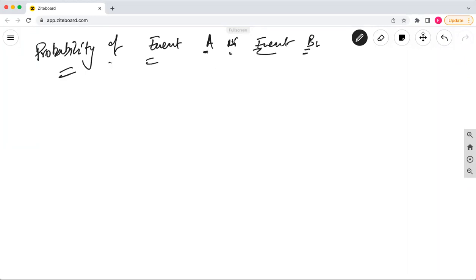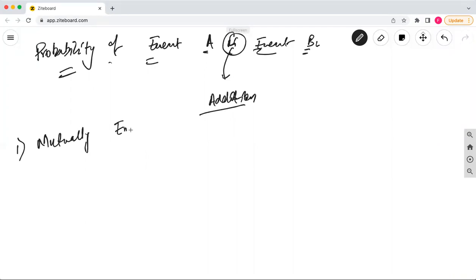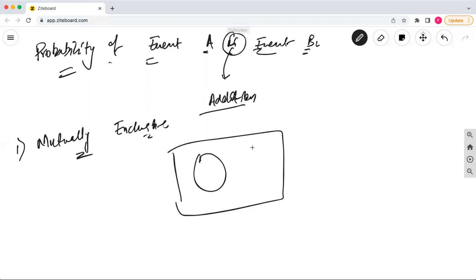First of all, if you see the OR, as we discussed in the permutation and combination concept, OR is a keyword for addition, right? So things are very simple if you are considering the mutually exclusive case. In the mutually exclusive case, this is A, this is B, there is no overlap, right?